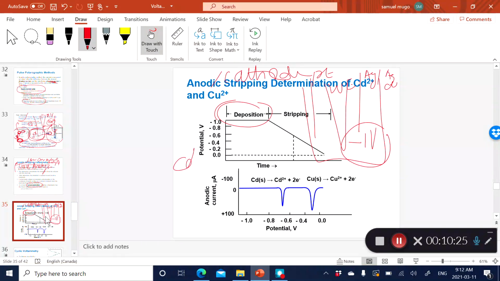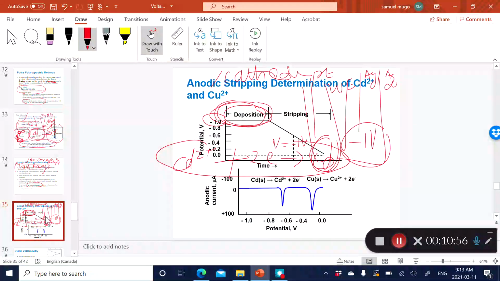So the cadmium 2+ gets reduced, taking 2 electrons, to give me the cadmium metal, okay, at the deposition stage, when I'm applying a voltage of -1 V. So you can see that reaction actually takes place at the deposition stage where I'm fixing the voltage at -1 V, which is often referred to as the deposition voltage.